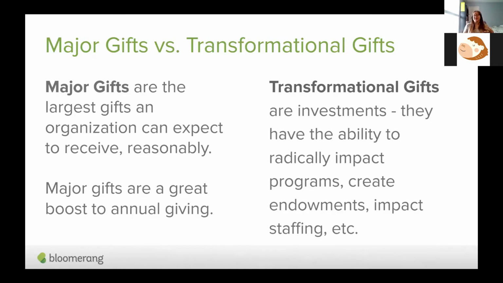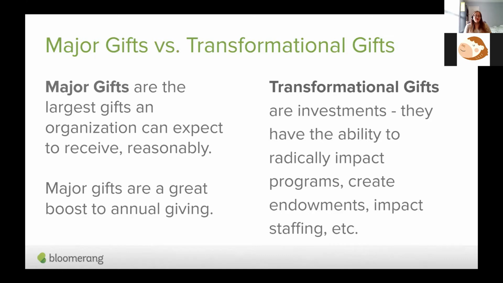That could be seed money for an endowment fund. It can really radically impact your program offerings. So now instead of offering one or two, you can add from your wish list of what you wish you could do. Transformational gifts may even be seed money for different capital campaign projects.